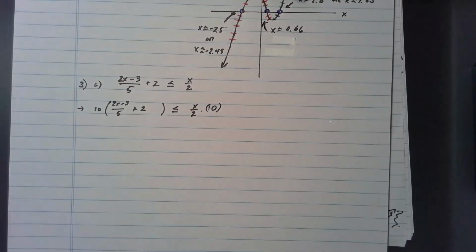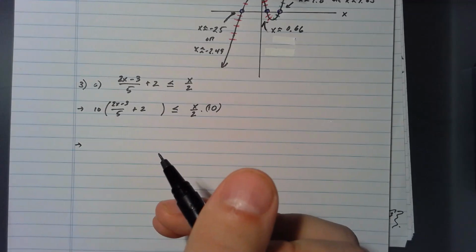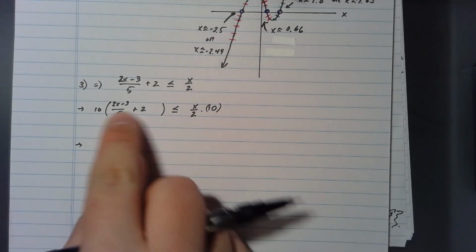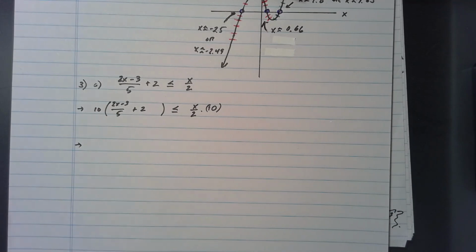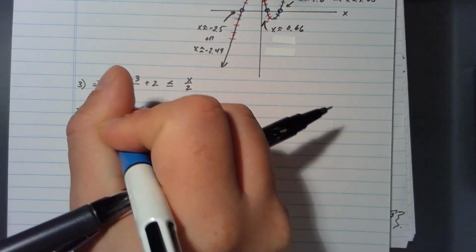That's still the same. Okay, so now I could distribute the 10 to both things right here. So the 10 here and the 10 here, right?